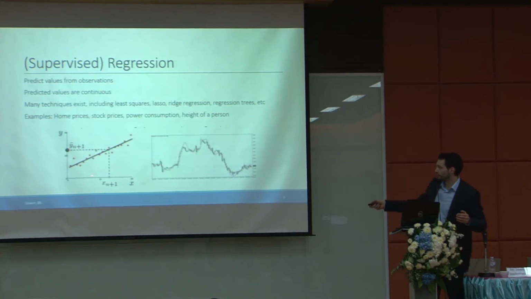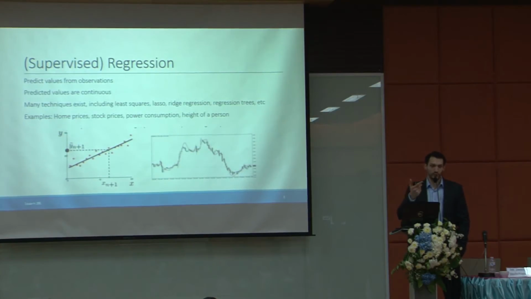Here you still have data, but what you're trying to predict is something more like how tall is somebody, or what's the stock price of some stock going to be, or what's the home price of a home given information about the home, or what's the power consumption of your house. How much electricity does somebody use based on how many TVs they have, how many people live in the house, things like this.